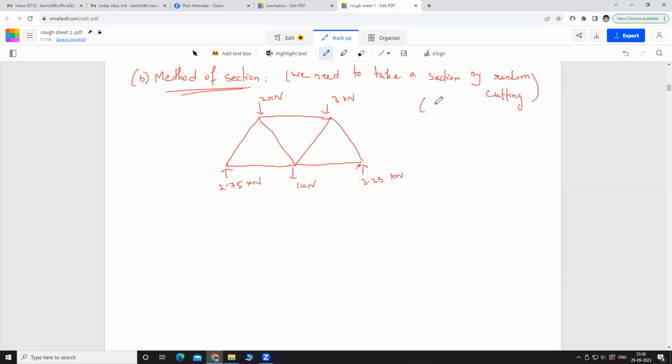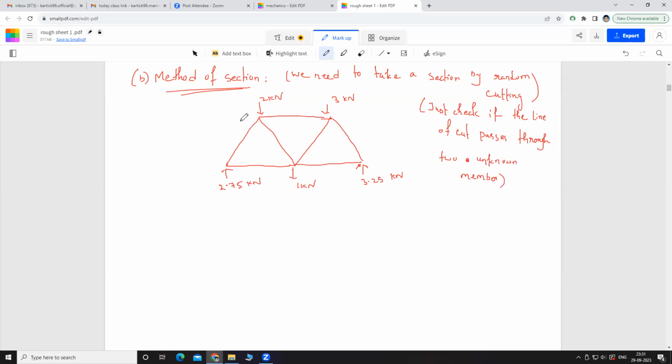But actually the main thing is to just check if the line of cut passes through two unknown members.